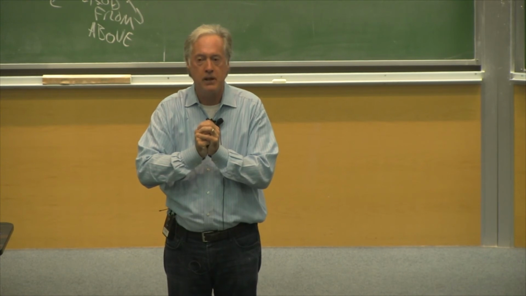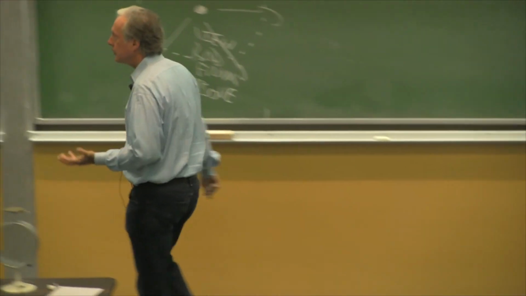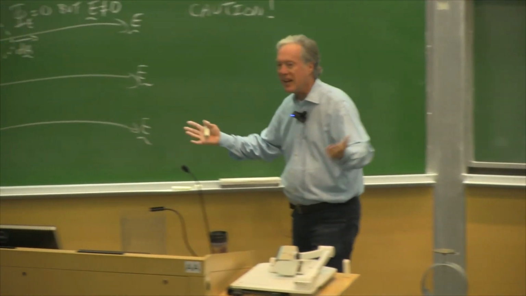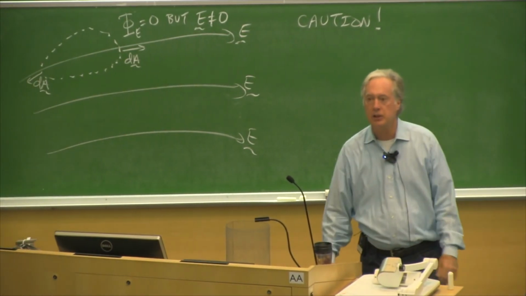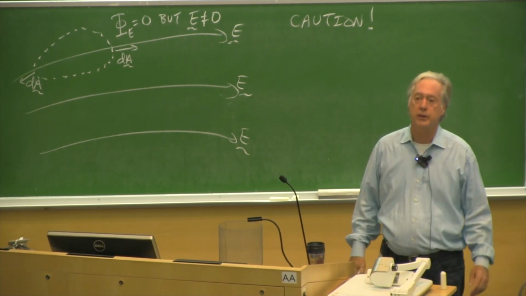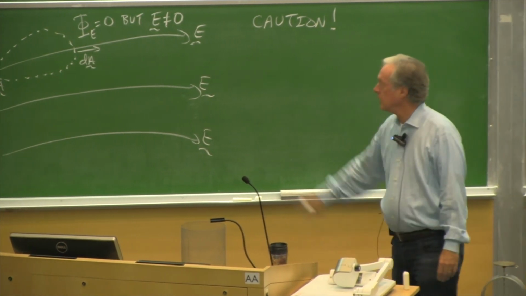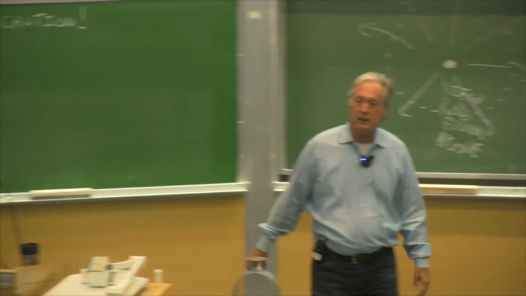Okay? So when you set these things up, always ask yourself, is there some external source of charges to make electric field that's not calculated just with the Gauss's law approach? Okay? That one people forget a lot.